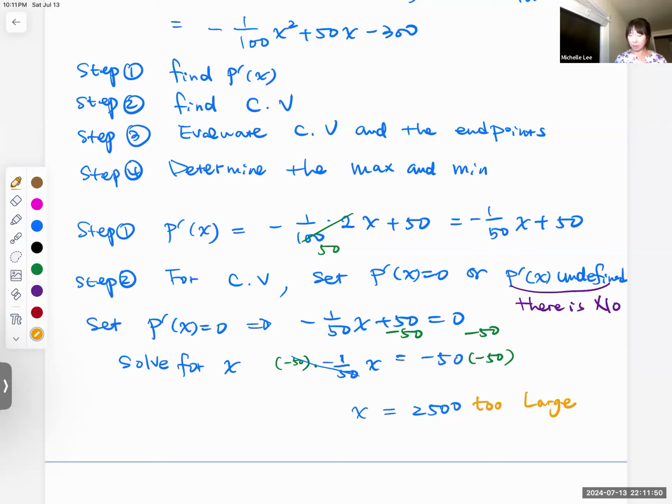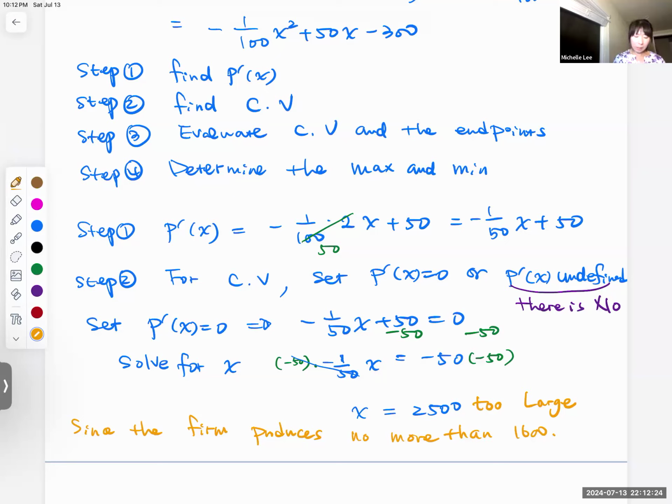The firm can produce no more than 1600. So we cannot use that.